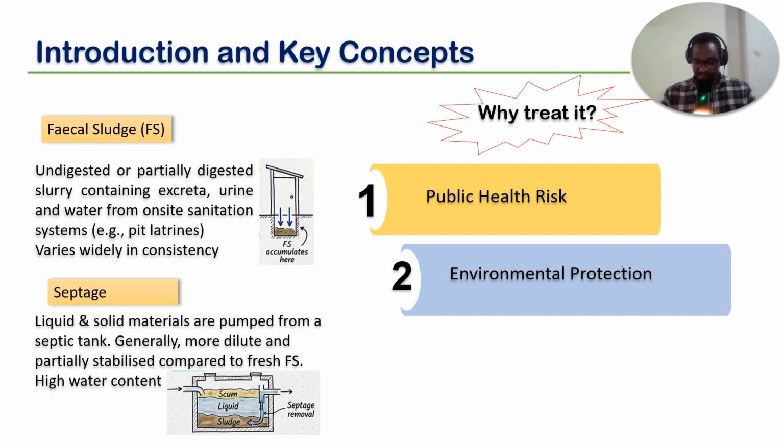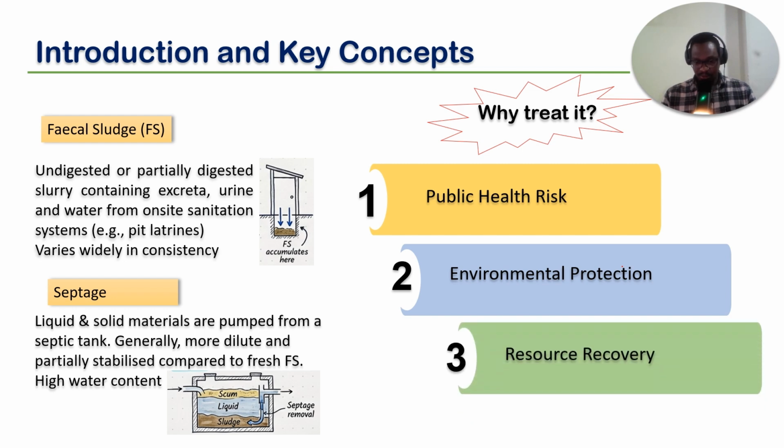And then lastly, we talk about issues to do with resource recovery. Resource recovery is vital because we need to understand the circularity of the products that we put in these containment units. So the kind of output you will have at the end of the treatment process is largely determined by the inputs at the capture point, or what we call the user interface.